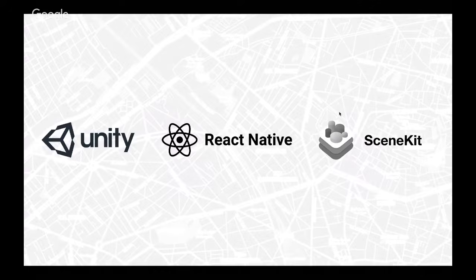And then Scenekit, which is what we're talking about today, is a similar role as React Native, but specifically for iOS. Scenekit is the go-to 3D game development environment on iOS. And I think if you are starting from a place where you work in iOS, that's the platform to use for sure.